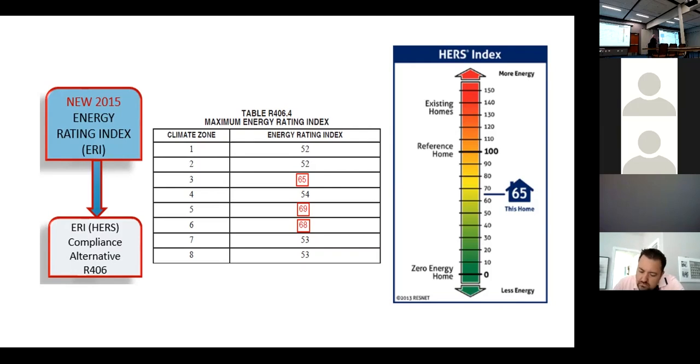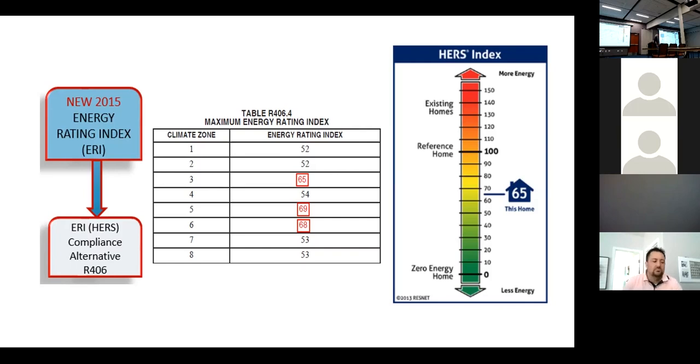The code did not put in HERS rating because that would be the code basically saying you have to use RESNET's system for this energy rating index, and RESNET's a private corporation. RESNET's the only one that has a system now, and many of you have heard of it. If you've ever done any Energy Star or anything like that, they do HERS ratings on them.